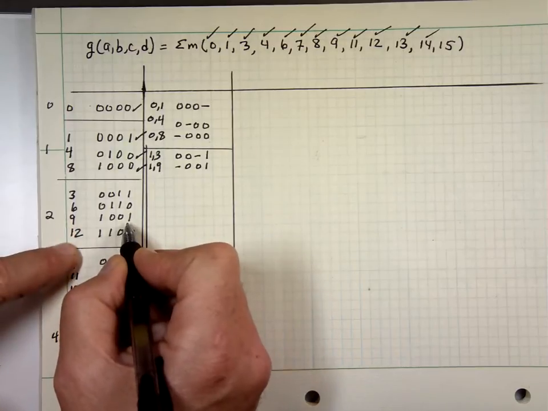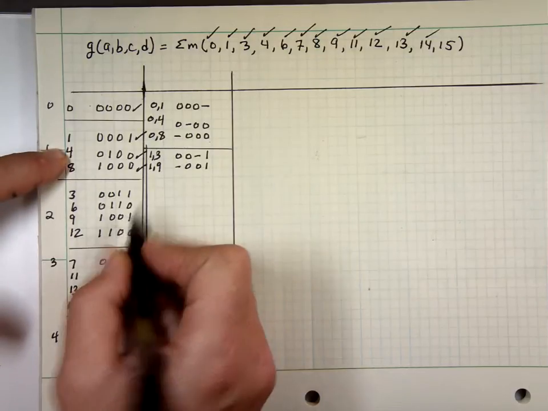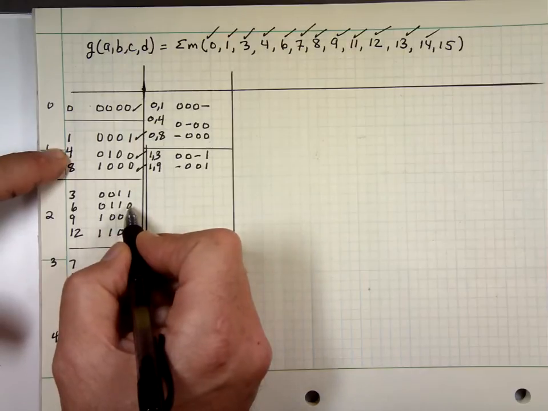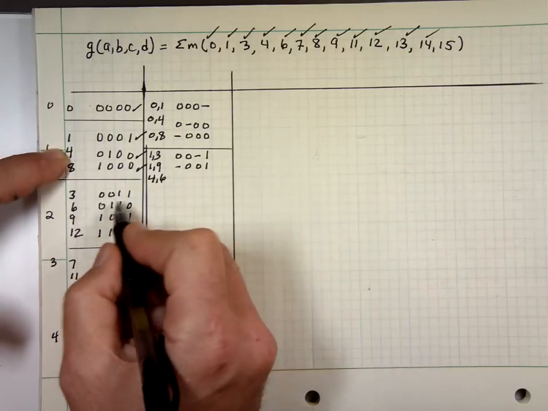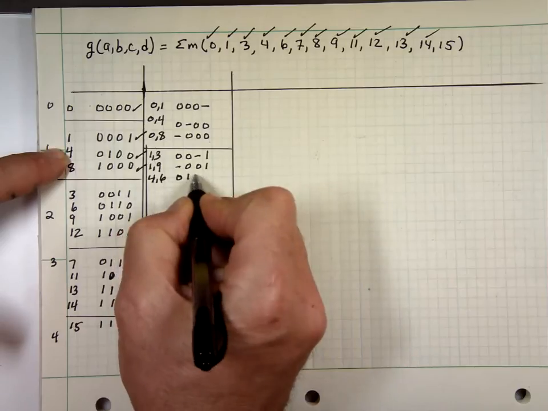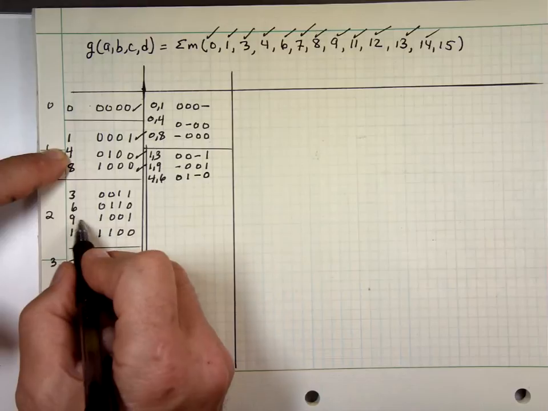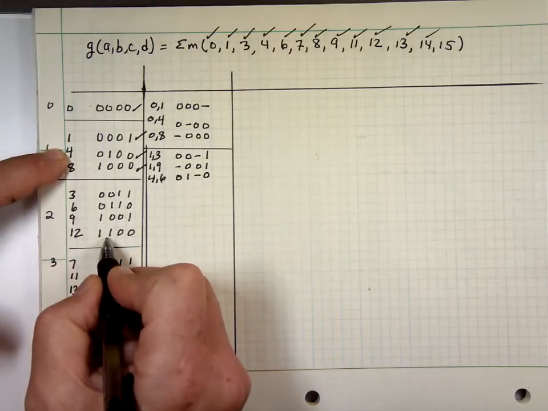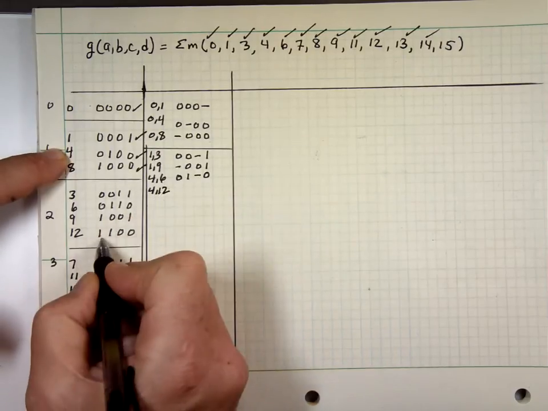No. 4 and 3. Nope. 4 and 6. Yes. 4 and 6, 0, 1, dash 0. 4 and 9. Nope. 4 and 12. Yes. Dash 1, 0, 0.